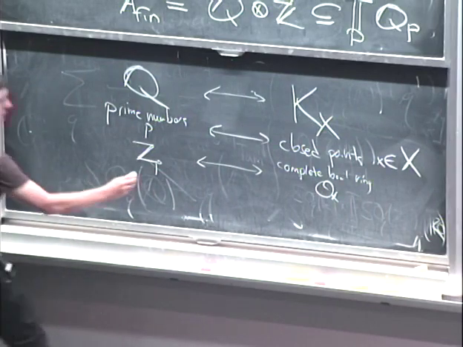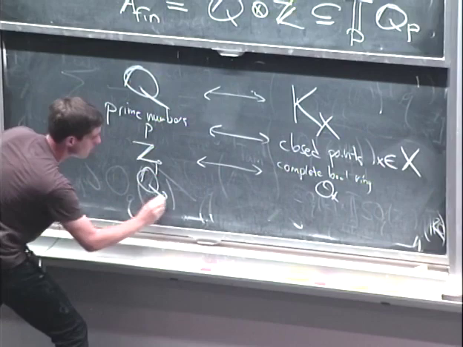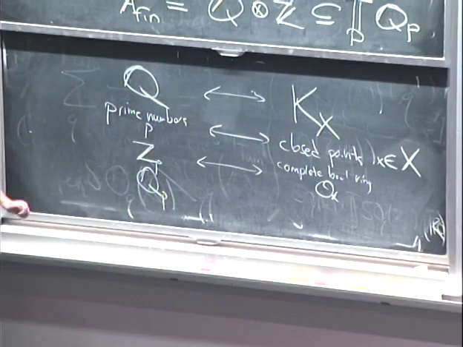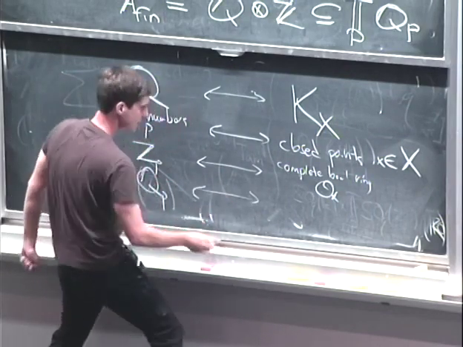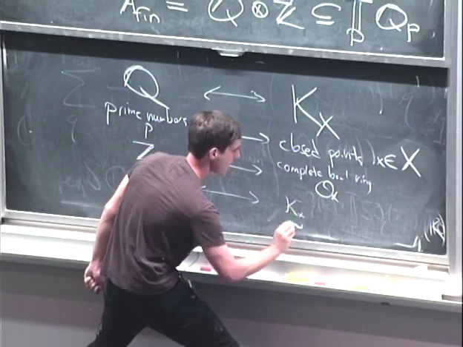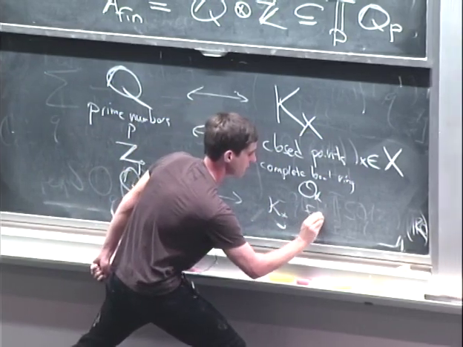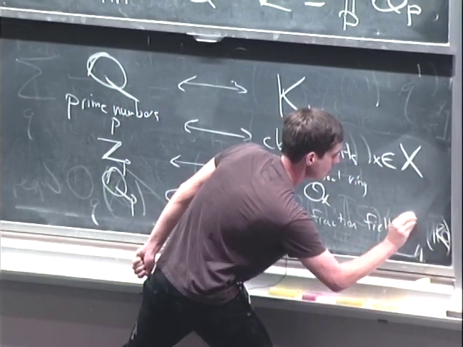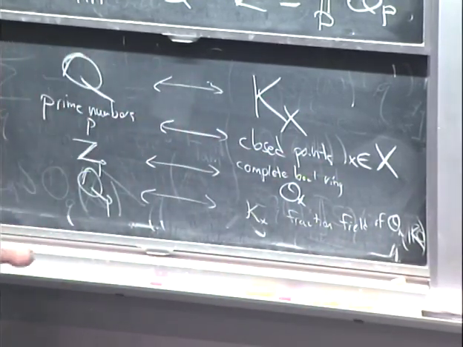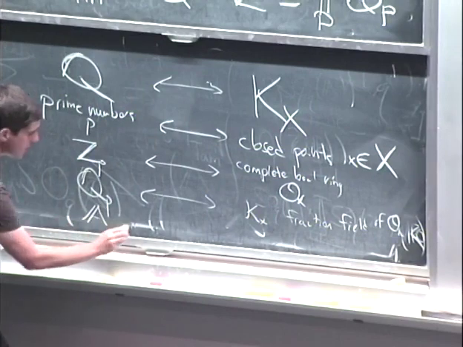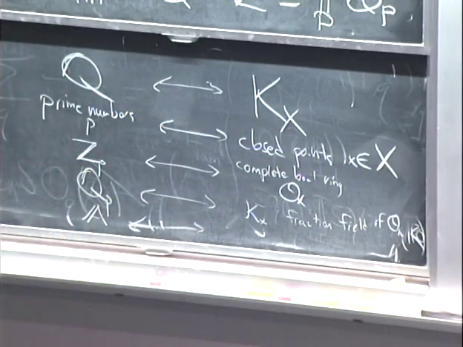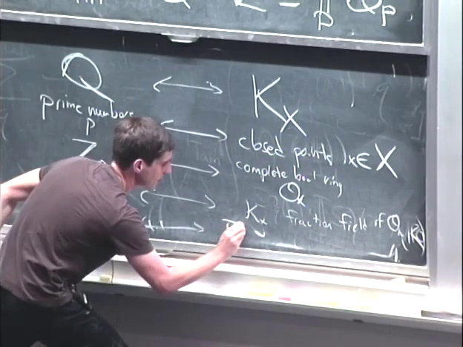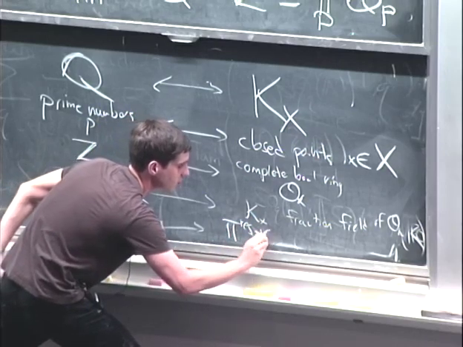So the analog of these fields Q_p, well, Q_p is the fraction field of Z_p, and the analog of this is, I'll write as K_x, which is the fraction field of O_x. And finally, the analog of this ring of adeles is the restricted product of all of these fields K_x.